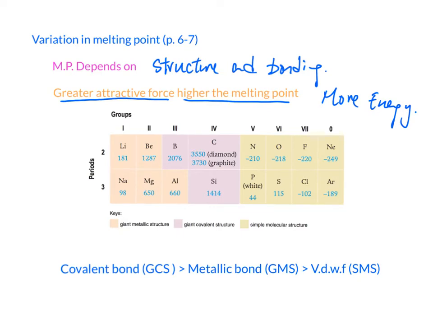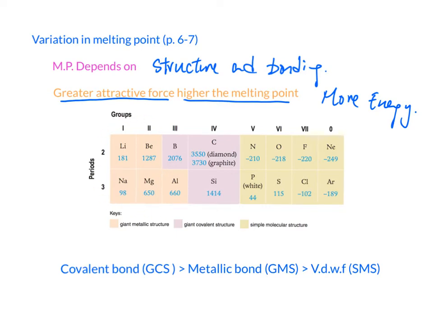So for the simple molecular structures, you will find that they have a lower melting point compared to the other two structures. For the giant covalent structures, a large amount of bonds need to be overcome in order to break down the giant covalent structure, the three-dimensional one. So this normally will have a higher melting point than the giant metallic structure.